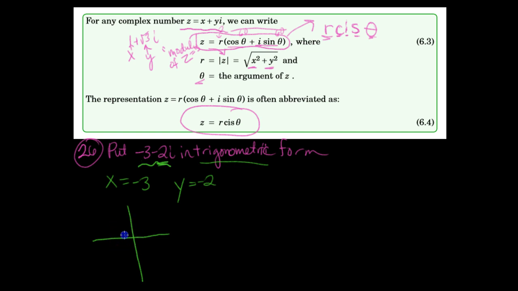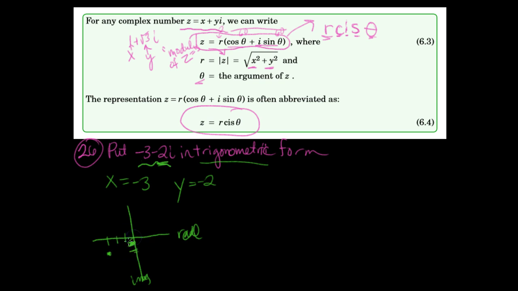So you graph this point, negative 3, and then I'm going down negative 2. And remember, we're in the complex plane now. Remember, this is the imaginary axis, and this is the real axis. But I still gauge it the same way. I go over negative 3 units, and then I go down 2 units. So negative 2i units here.